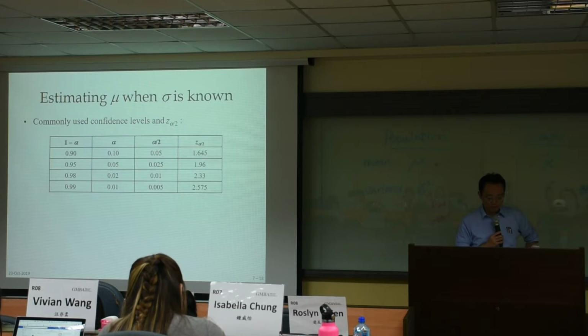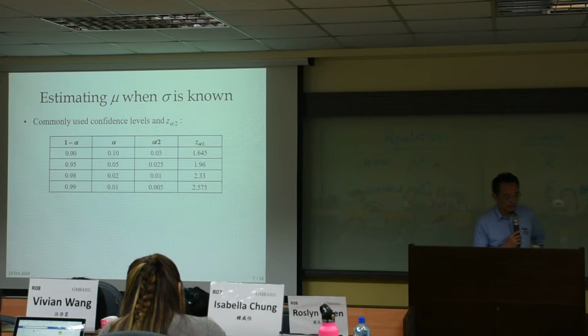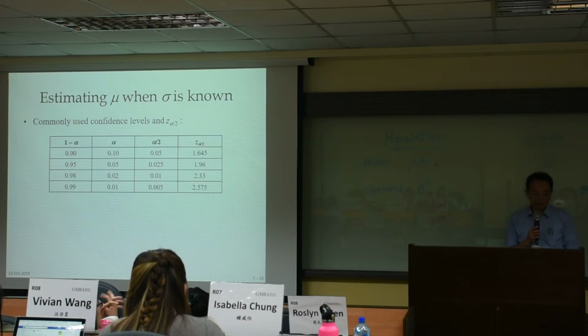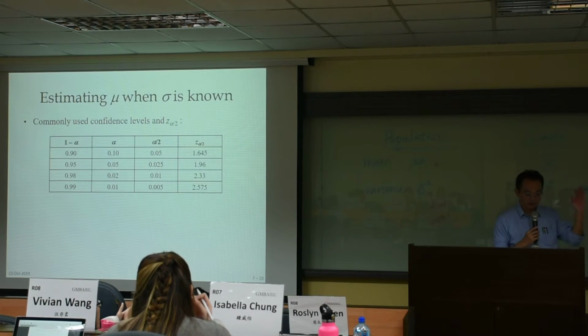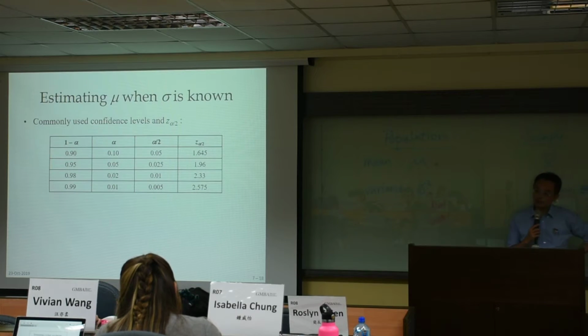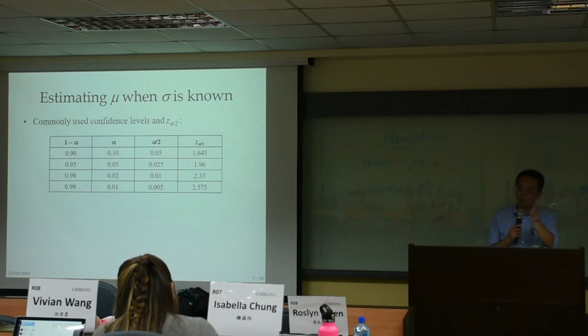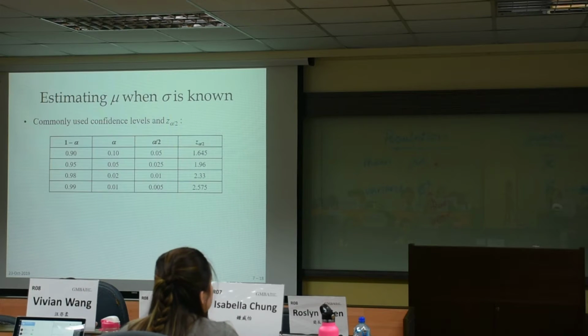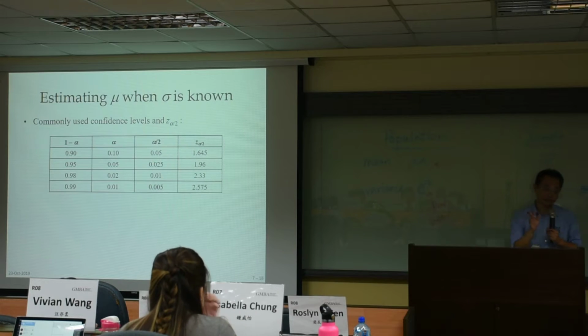So basically, these are the commonly used confidence values and z and alpha we will use. Suppose we have 1 minus alpha to be 0.9 and alpha will be 0.1, and alpha over 2 will be 0.05 and the corresponding z value will be 1.645, right? So remember, if we have a standard normal distribution like this, in the middle is 0, the mean is 0.